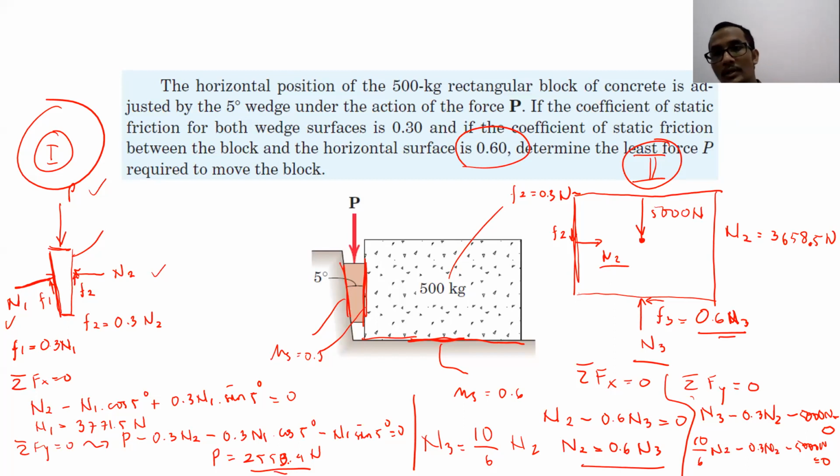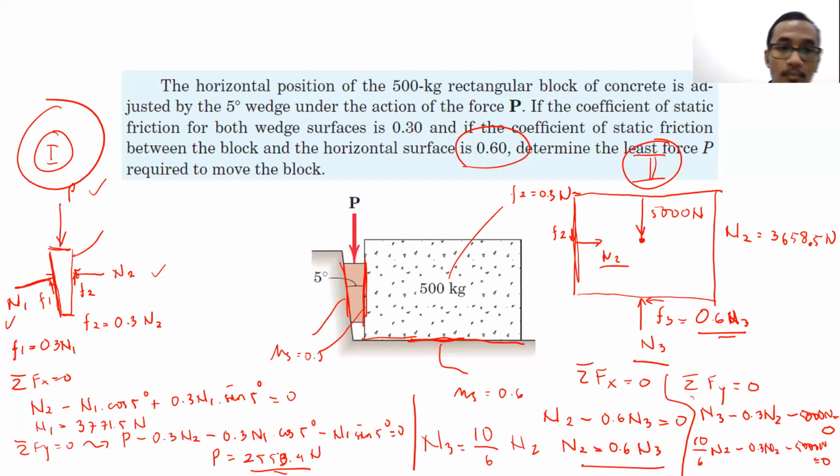So that's the way to do it. So this is one of the most basic. Okay, thank you for helping me with this calculation. By the way, this is one of the simplest problems in wedges.